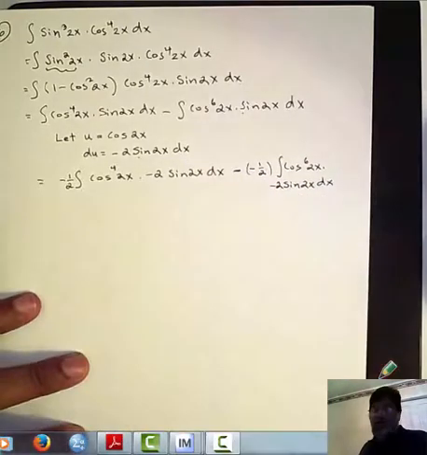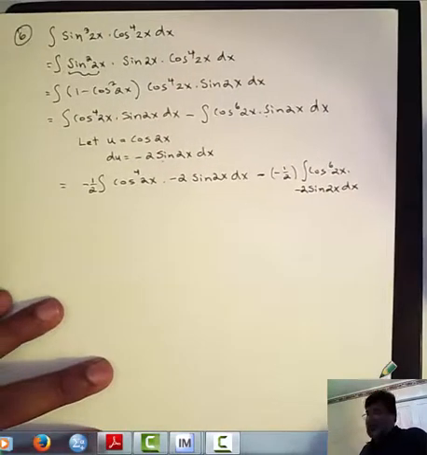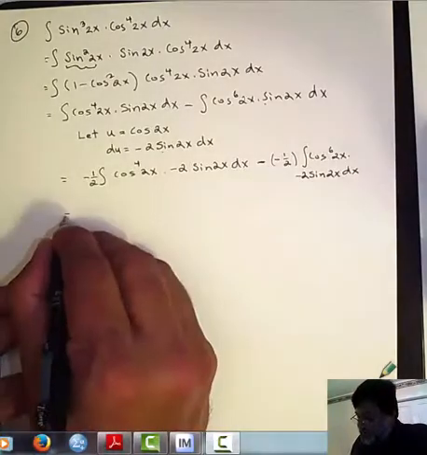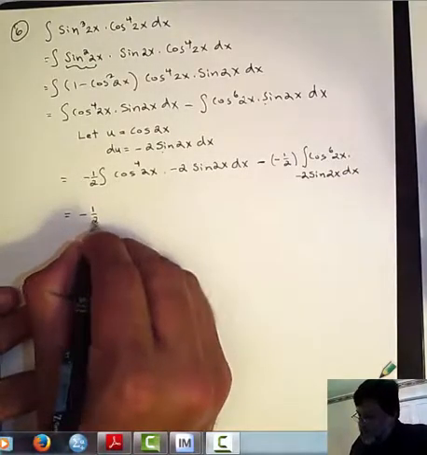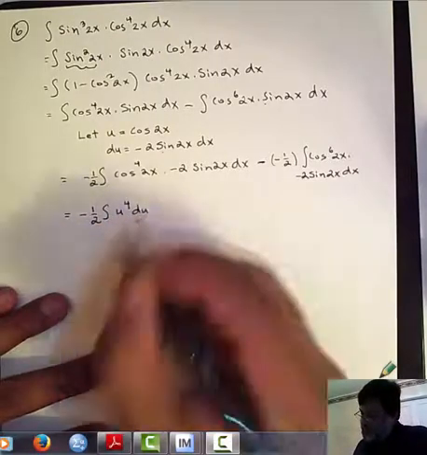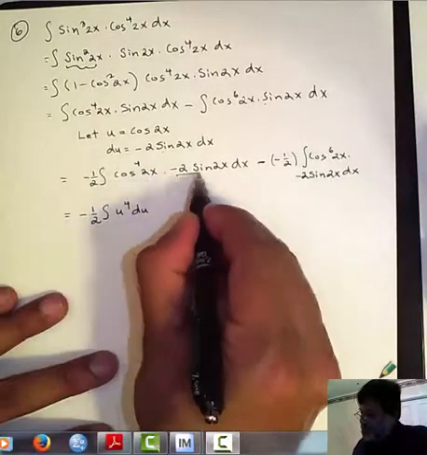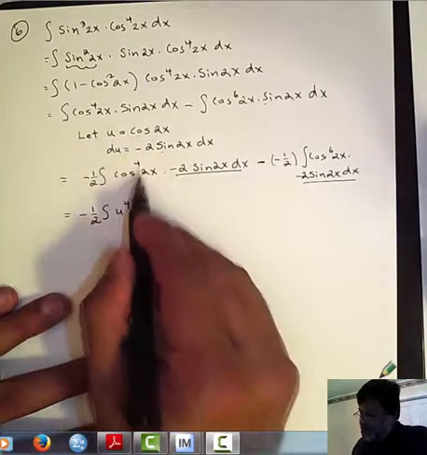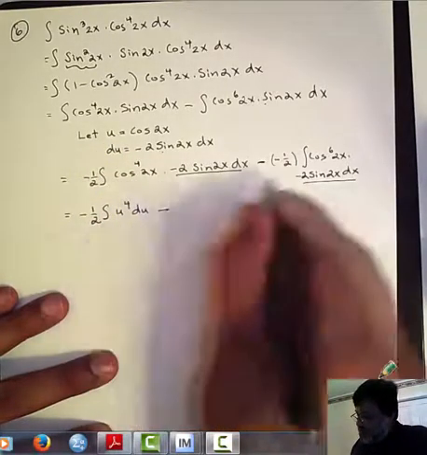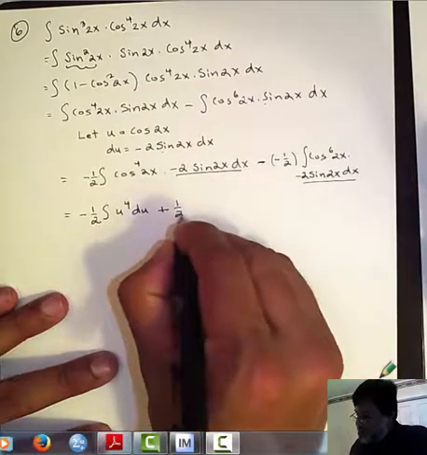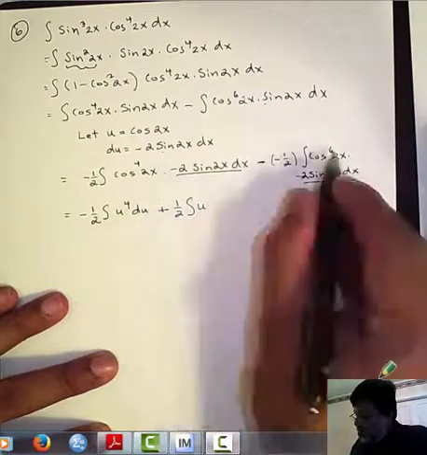Okay. So now we can go ahead and make the u and du substitution. So that'll be u to the 4 du. This whole part is du. And u is cosine, so we have the fourth power. This one is positive, negative and negative is positive, half. Integration of u to the 6.